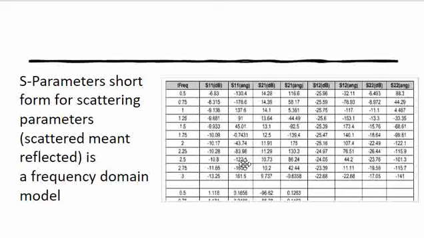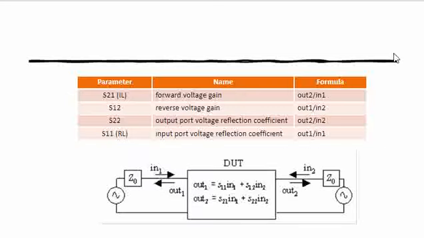So in S parameter model, the S stands for scattered. Scattered meant actually reflected. So in S parameters, we talk more about the amount of reflections that happen in the PCB. So in S parameter models, there are actually four parameters. One is S21, as mentioned here, S12, S22, and S11.